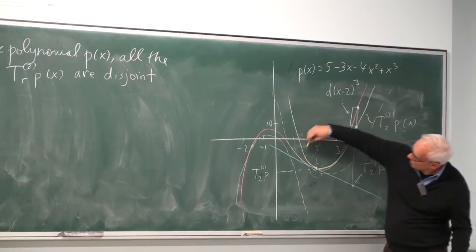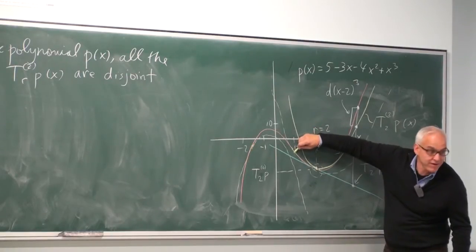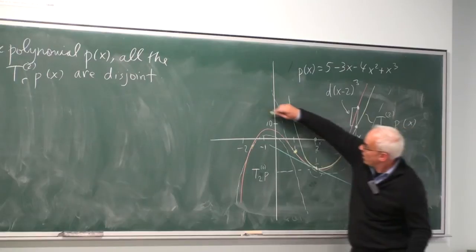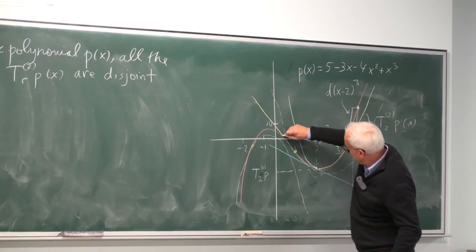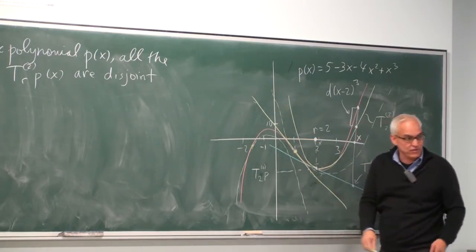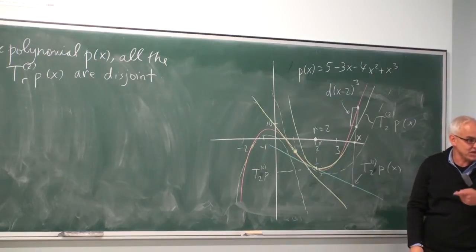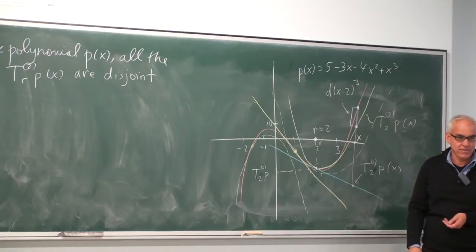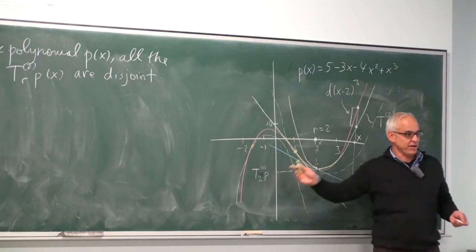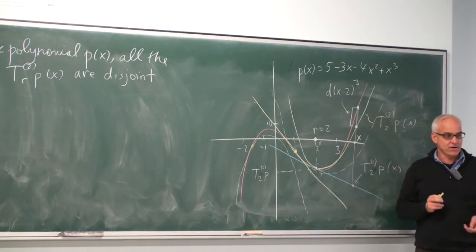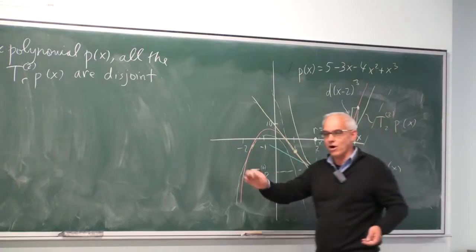There's also an inflection point somewhere for this curve, where the tangent actually meets the curve to order 2. The tangent conic reduces to a line. So that's also part of the story. So what we're saying is that all these tangent conics, not just the 3 that I've shown you, but all of them are disjoint.